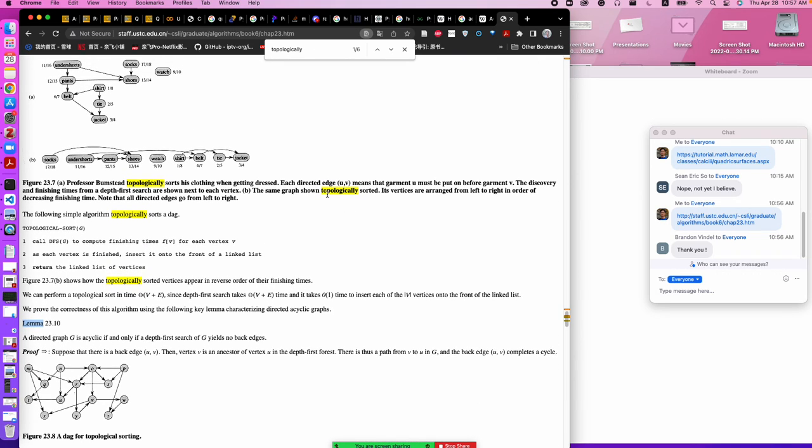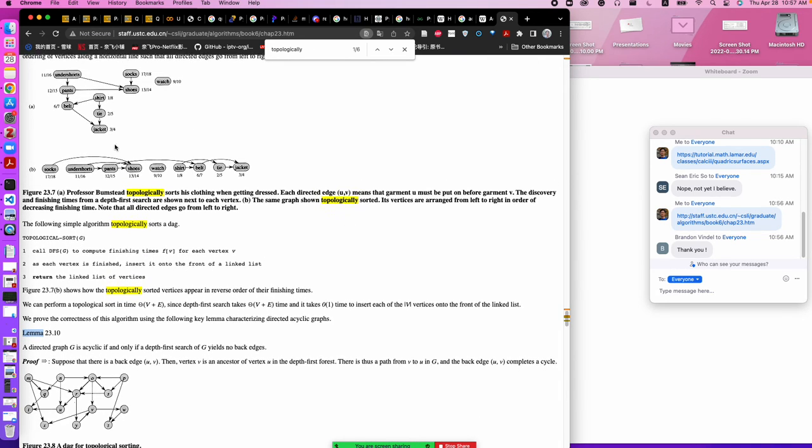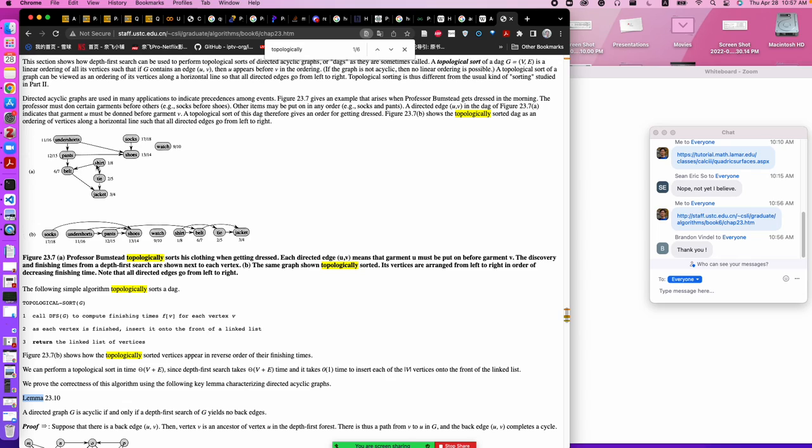Oh, I'm sorry, I missed one definition. This is called the edge, in a directed or undirected graph, right? And the nodes below a graph or a tree.